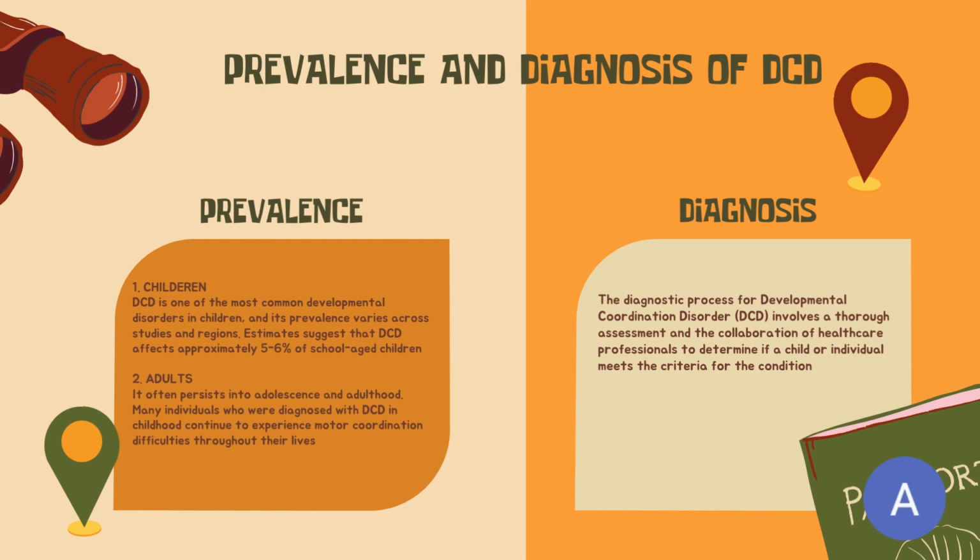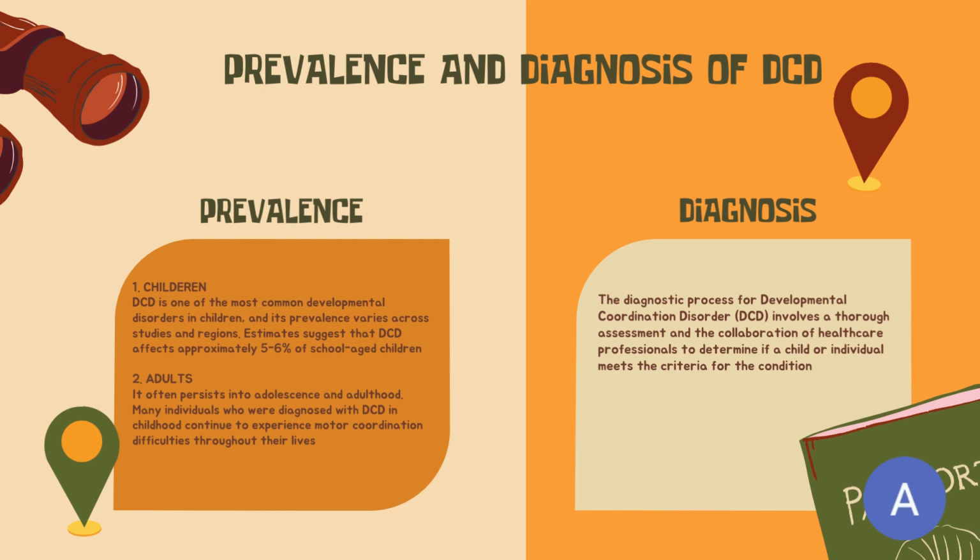So DCD is not a condition that children necessarily outgrow. It often persists into adolescence and adulthood. Many individuals who were diagnosed with DCD in childhood continue to experience motor coordination difficulties throughout their life. As children with DCD grow older, the specific challenges they face may evolve.